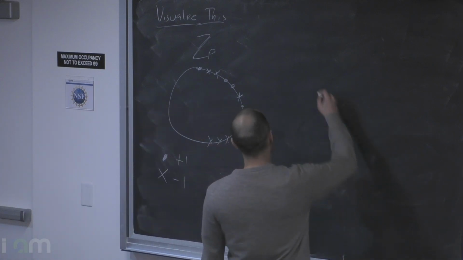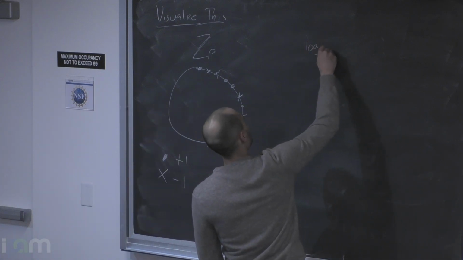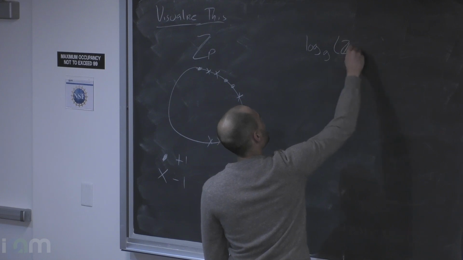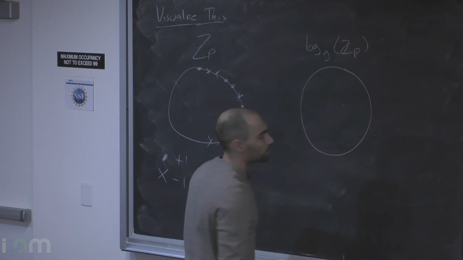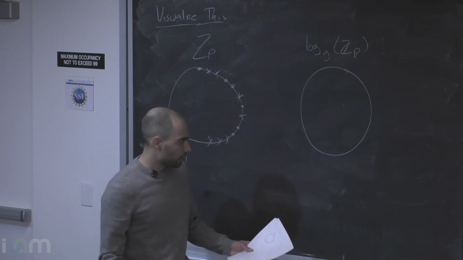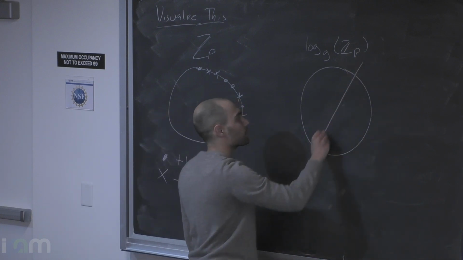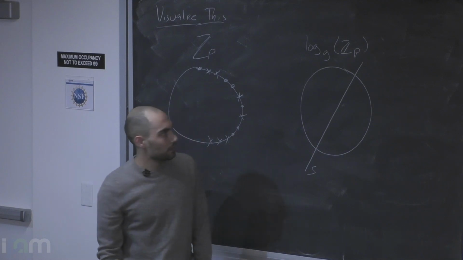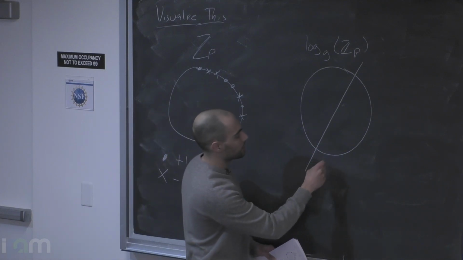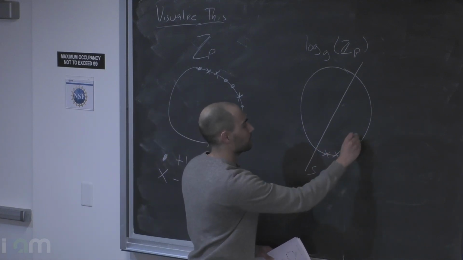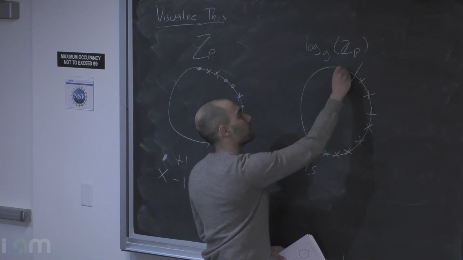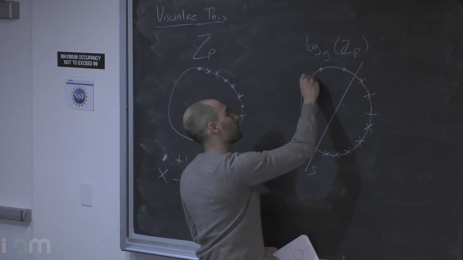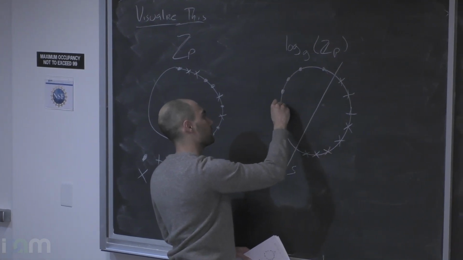But if we look at discrete log space, then our s becomes what's called a separating plane. It basically says everything to the right of s is +1, and everything to the left is just a bunch of -1s.